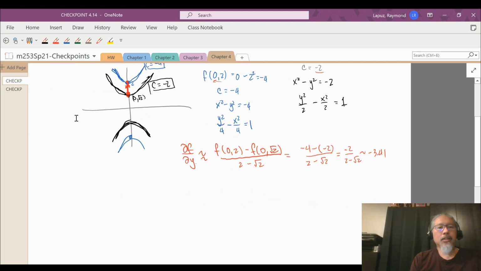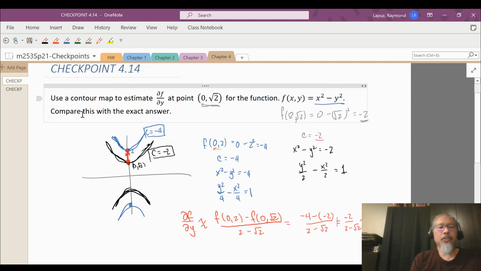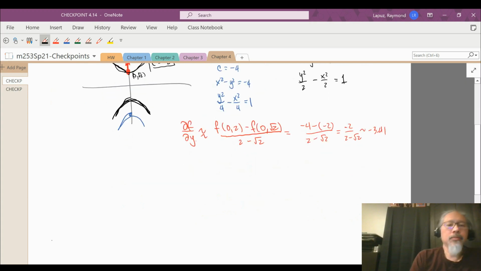All right, let's compare it to the actual answer. Let's take our function and take the derivative of that. So f of x y is going to be equal to x squared minus y squared, and f sub y, the partial with respect to y, is going to give us -2y.